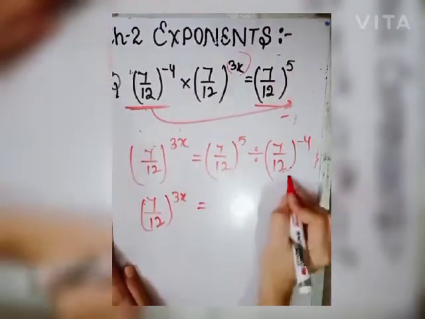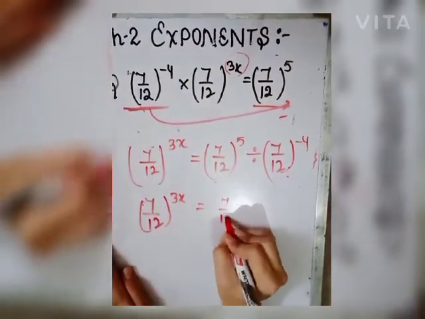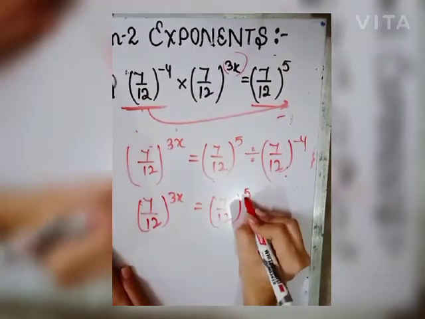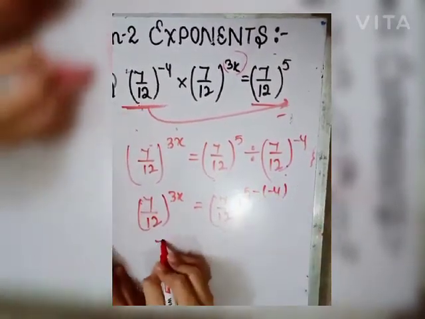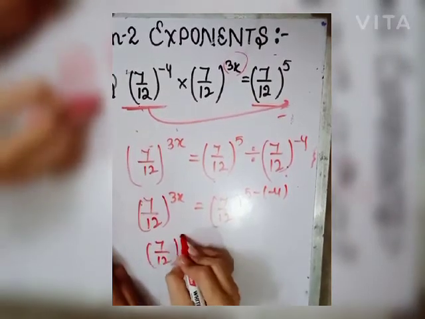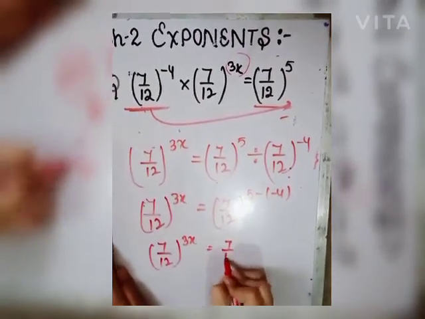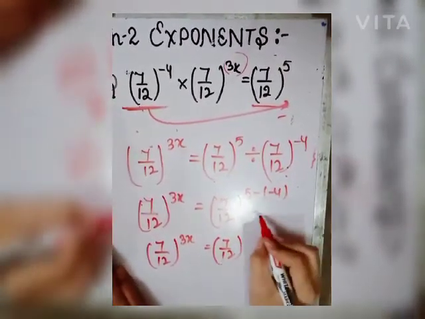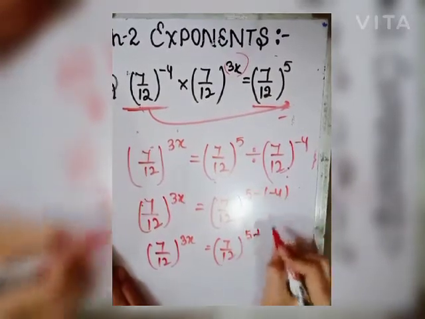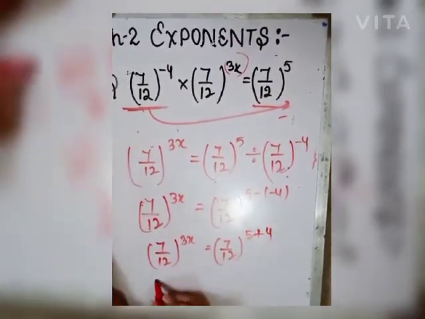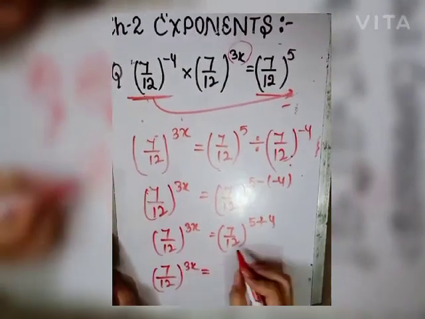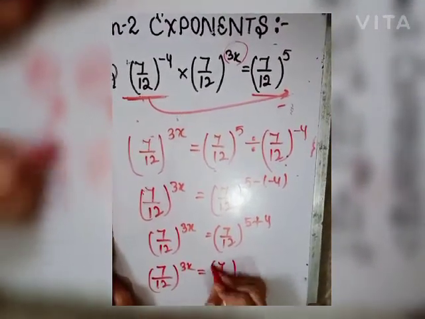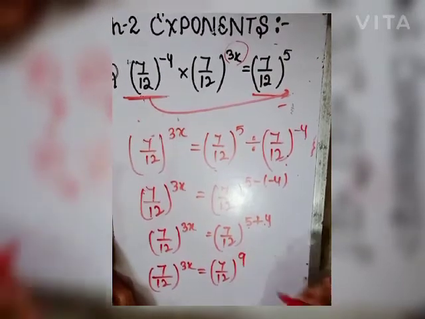Here the bases are same, so their powers will get subtracted because there is a sign of minus in between. Let's solve it further. 5 minus minus plus 4. 5 plus 4, 9.